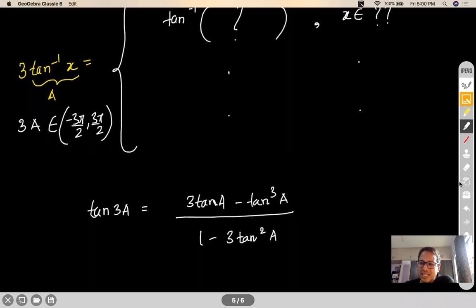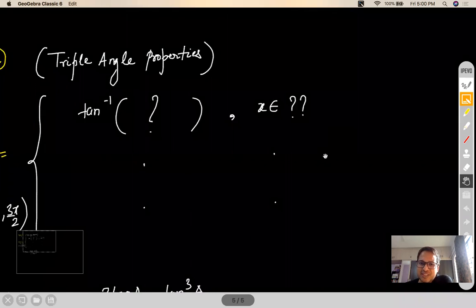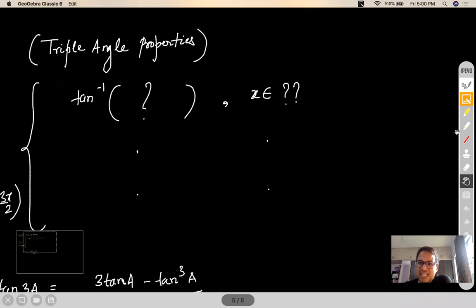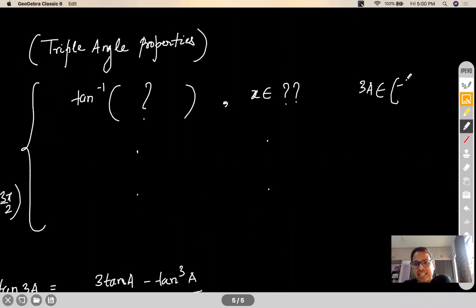Now this actually helps me to break these intervals. So the first interval that this will address is when your 3A is between minus pi by 2 to pi by 2. So that part is addressed in the very first arm. We know that for sure, right?